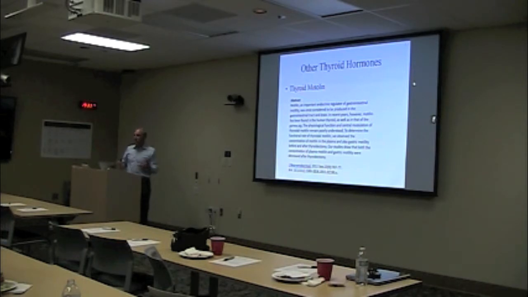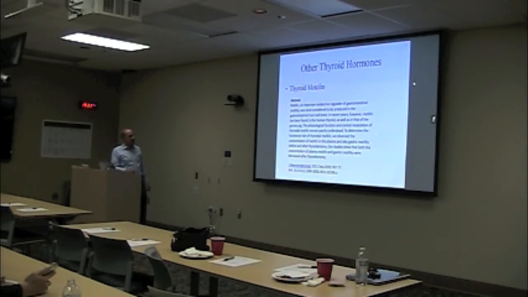Thyroid patients that have problems have got constipation. Well, that's what's happening. Their thyroid is not functioning in multiple different ways. And so our studies show that both the concentration of plasma motilin and gastric motility were decreased after thyroidectomy. All right.